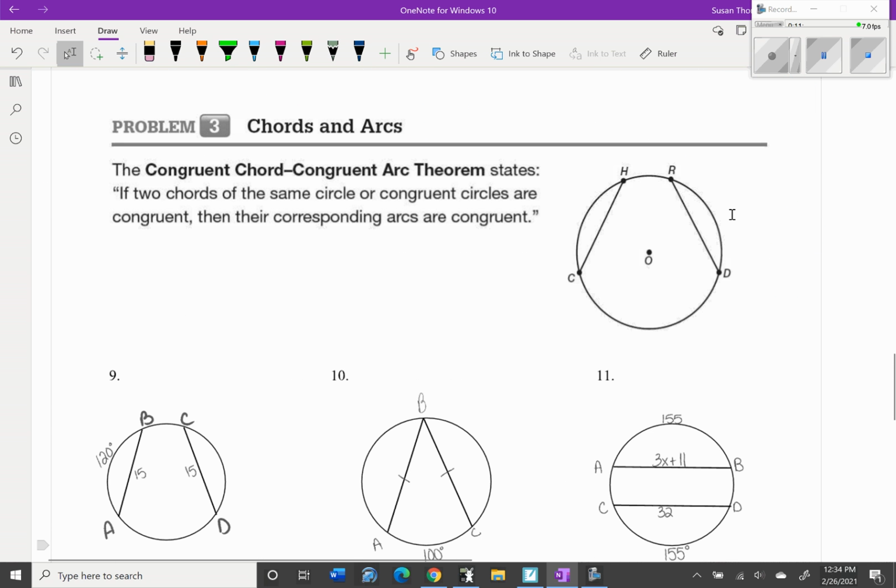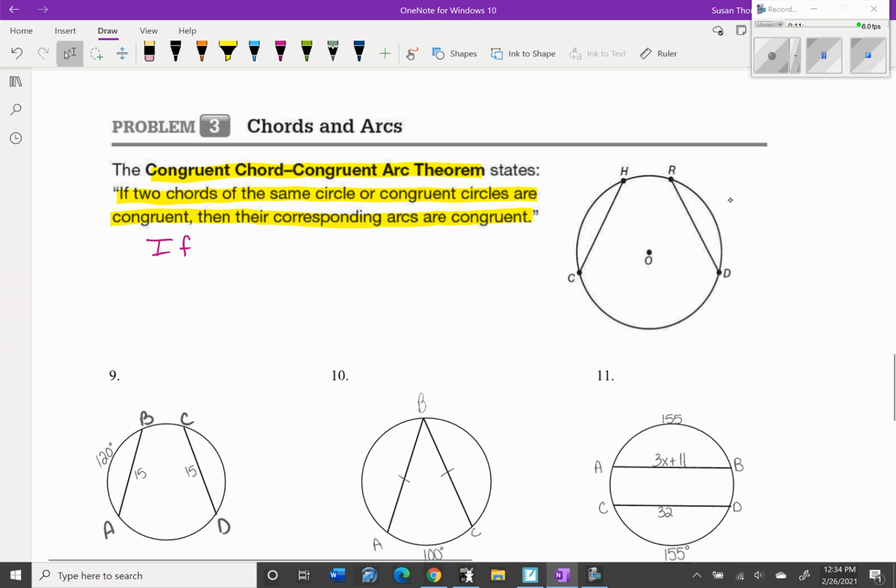All right, so the next one we have is chords and arcs. So the congruent chord, congruent arc theorem states, if two chords of the same circle or congruent circles are congruent, then their corresponding arcs are congruent. So what does that mean?